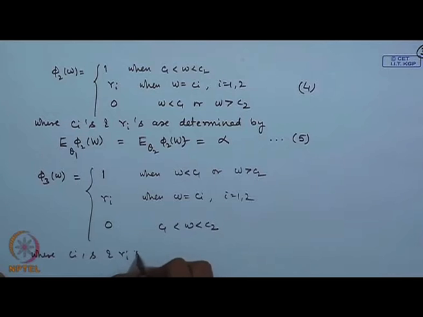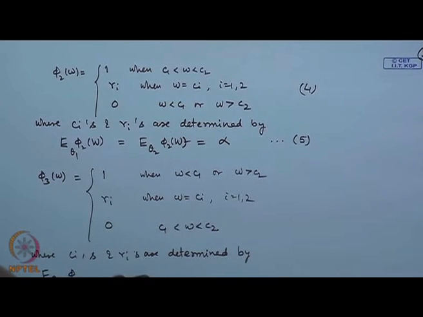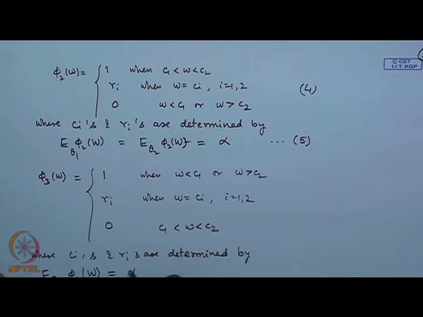The Ci's and gamma i's are determined by the size conditions expectation at theta i of phi 3 W is equal to alpha for i is equal to 1, 2.